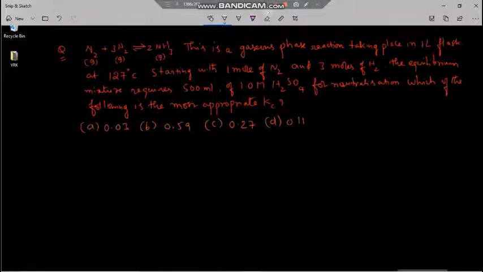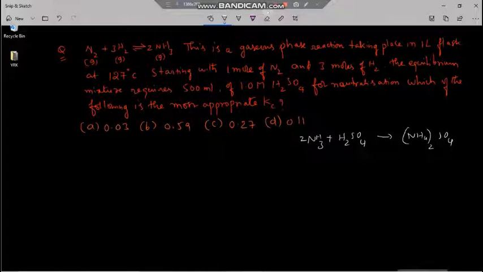Here the twist is that we don't know the number of moles, the concentration of ammonia. To find it, we have to check the reaction of ammonia with H2SO4. Ammonia with H2SO4 forms ammonium sulfate, a salt. Upon neutralization, it requires 2 moles of ammonia.